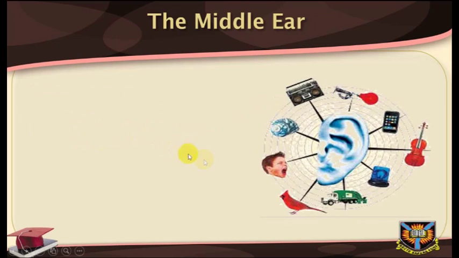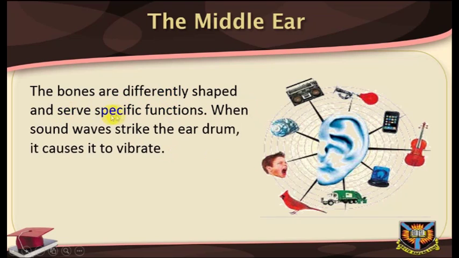The bones are differently shaped and serve specific functions. When sound waves strike the eardrum, it causes it to vibrate. Each of these acts as a lever, increasing the pressure on the next, until the pressure exerted by the stirrup is many times greater than what the hammer exerts.